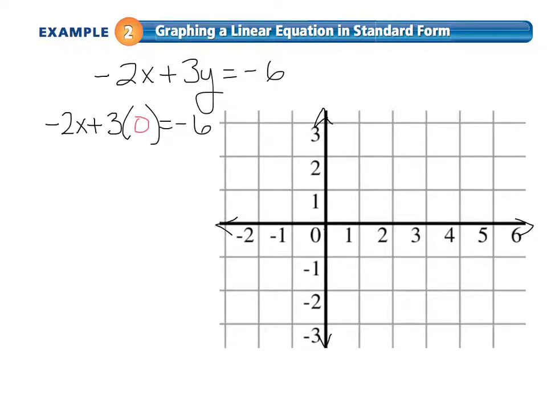And we solve the equation. 3 times 0 is just 0, so we get negative 2x equals negative 6. I divide both sides by negative 2. That gives me x equals 3. So what does that mean? That means that my x-intercept is 3. That means it crosses the x-axis at 3, right there.